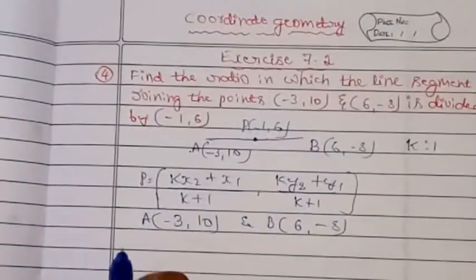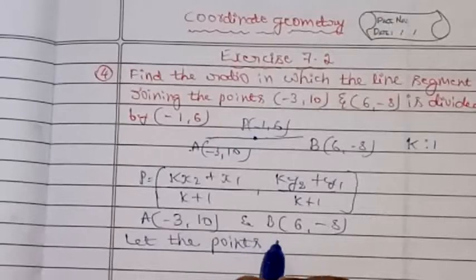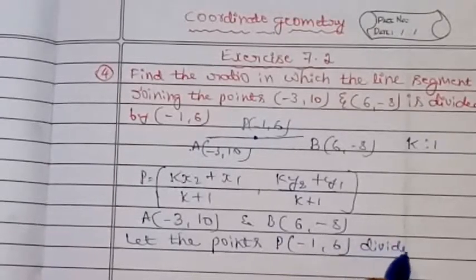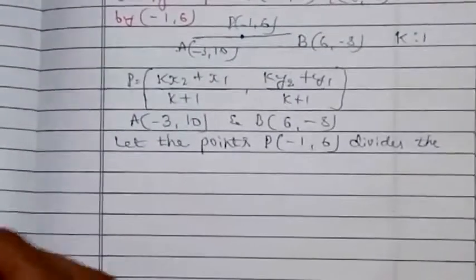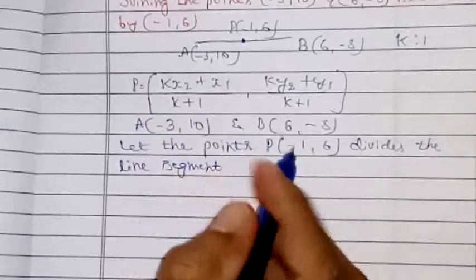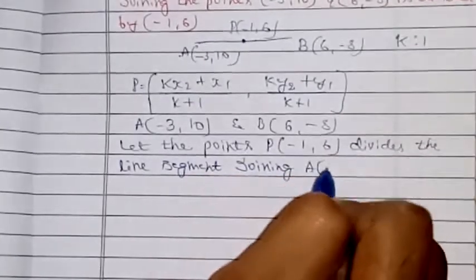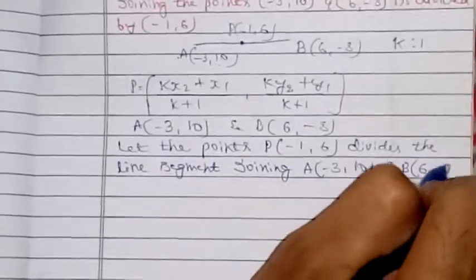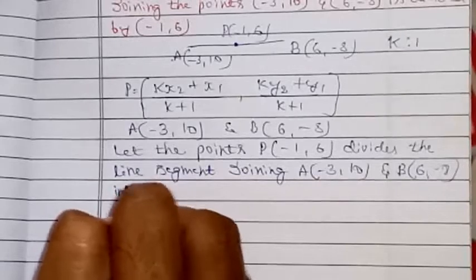Now let me write: let the point P (-1, 6) divide the line segment joining the points A (-3, 10) and B (6, -8) in the ratio k:1.